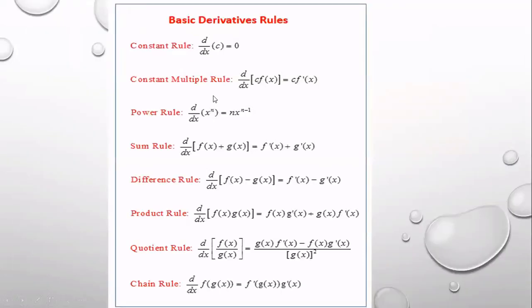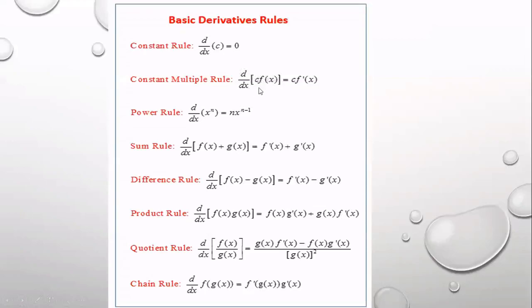So what are the rules of differentiation? Constant rule. Hello, can you hear my words? Yes, sir, the voice is clear. Okay, constant rule, constant multiple rule. Why must the constant multiple not be zero? Suppose the constant is zero, zero into the multiple, then it is zero. Otherwise, take out the constant and do the differentiation only for the variable.